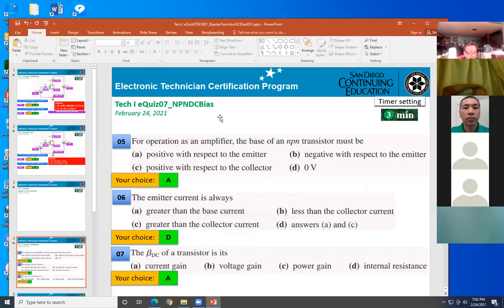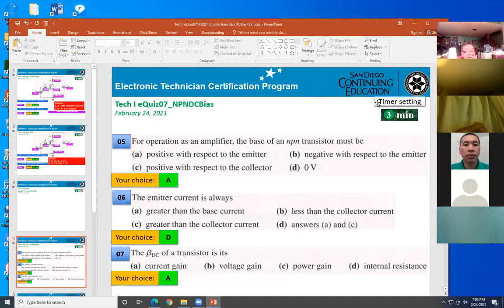D, as in David. Yes, agreed. A means emitter current must be greater than B, and also greater than the collector current. So the answer will be D.